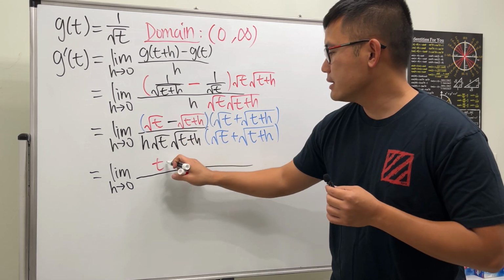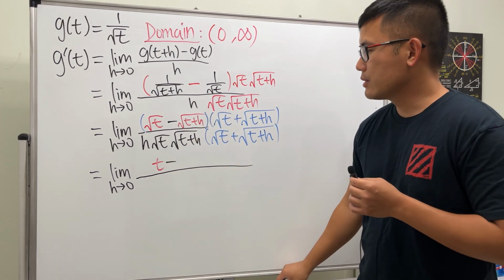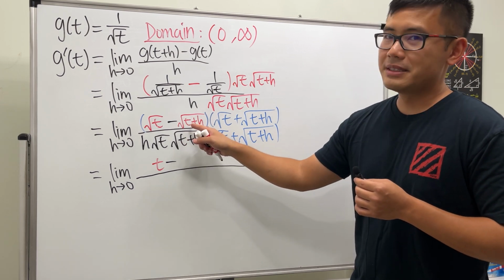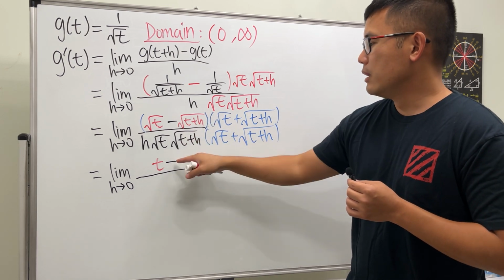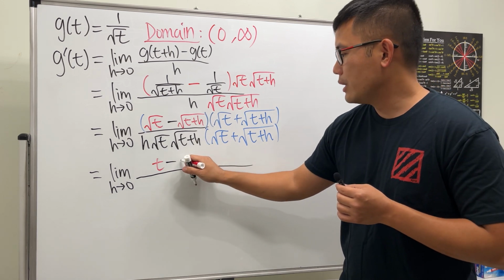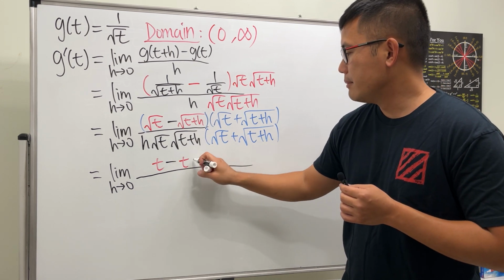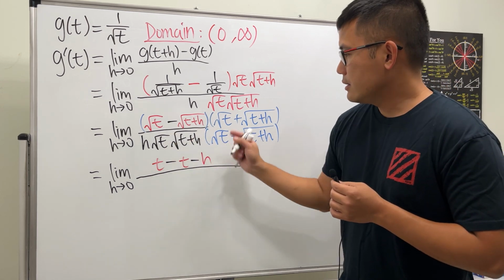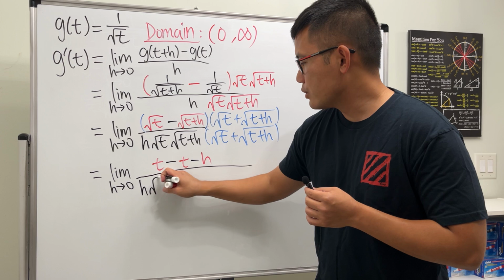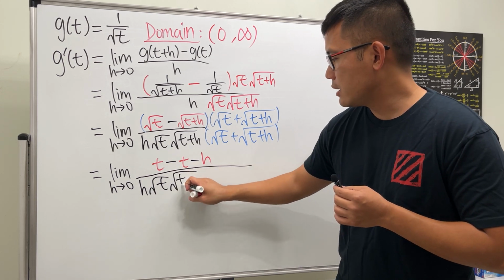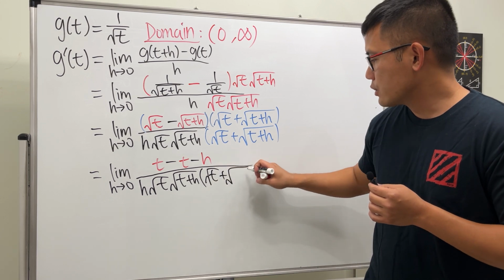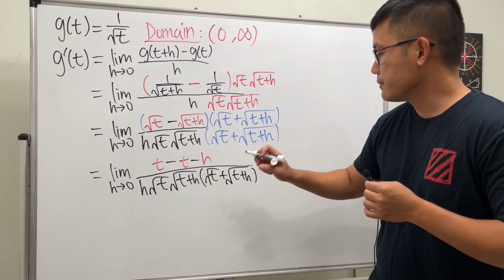And then minus this times that, it's just the inside, right? So just t plus h, but distribute the negative. So we have t and then minus h, okay? And then the rest, h square root of t, square root of t plus h, and also square root of t plus square root of t plus h.